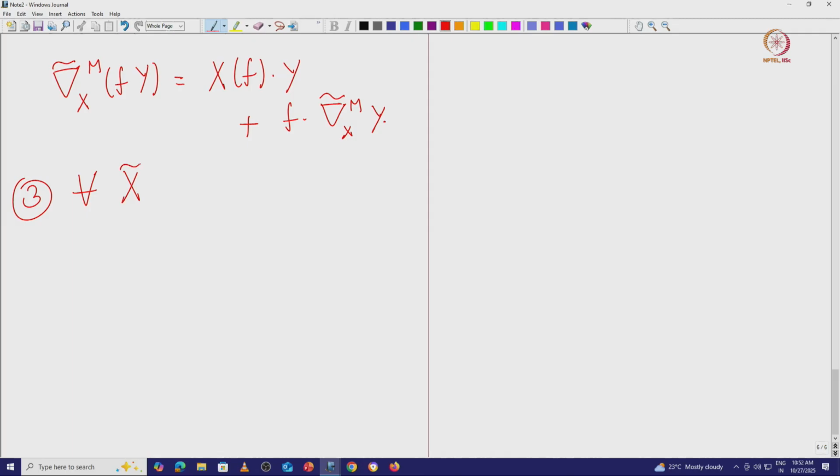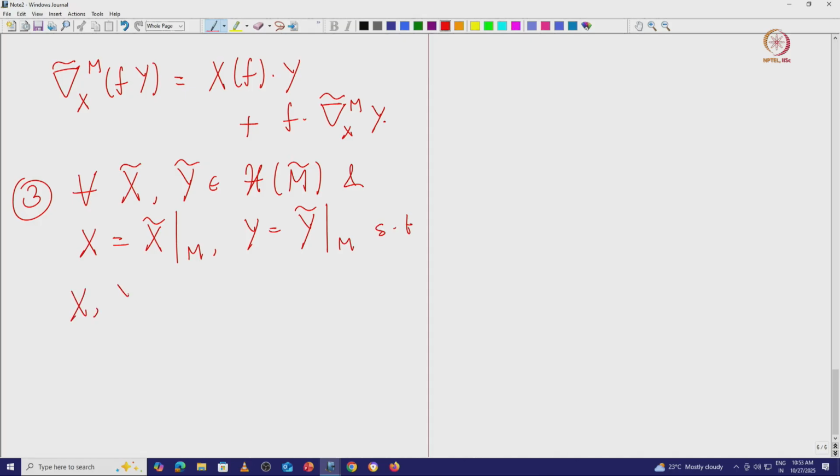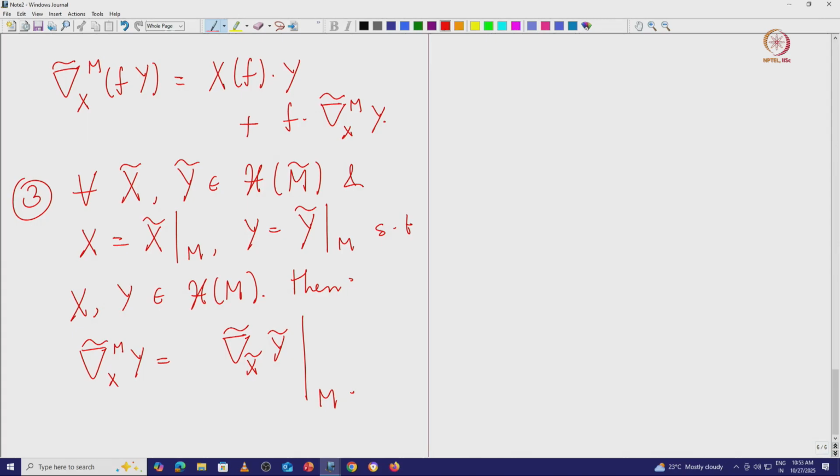So, whenever you have vector fields of the ambient manifold and you take restrictions to M such that x and y give you vector fields on M, then in fact if you compute this, this will simply be the Levi-Civita connection of the ambient manifold applied to x tilde, y tilde, and you restrict this to M.